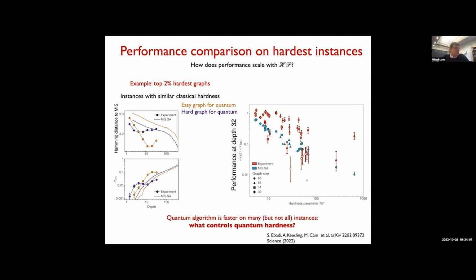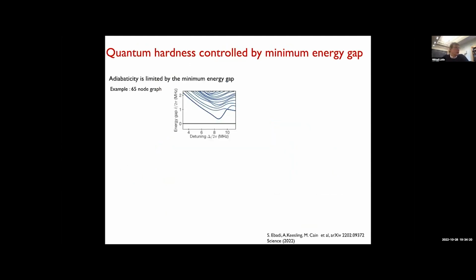So the question now is, what controls the quantum hardness? And maybe not very surprisingly, we found that the quantum hardness is controlled by a minimum energy gap. The way we are able to show it is we run some instances which are sufficiently small that we can actually do the calculation, where we know the energy spectrum.